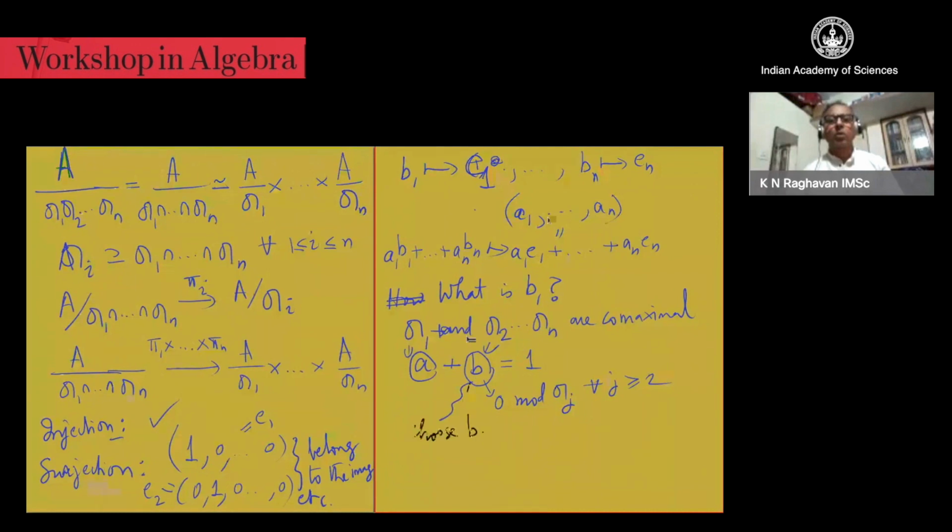And how do I get B2? A2 and the intersection of the others are comaximal for the same reason, and so on. This completes the proof. Q.E.D.